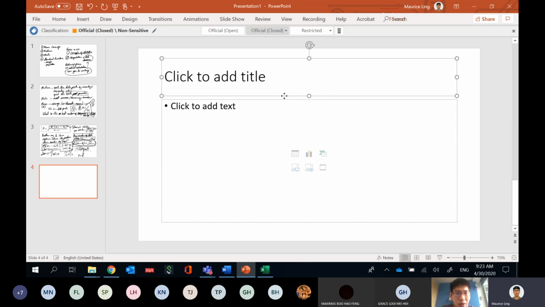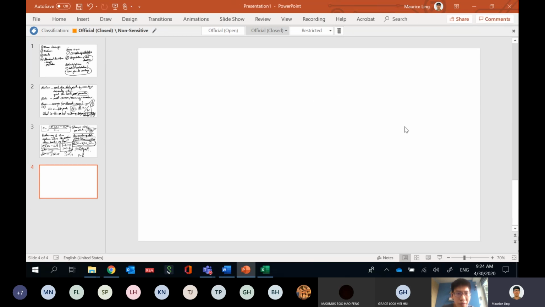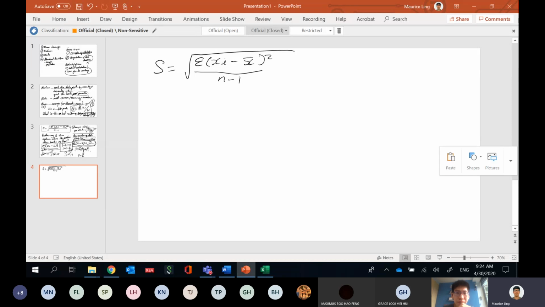You will probably not know the answer, but let me just work things out for you, and you'll see why. Let's say I rewrite the equation with n minus 1. And you said that at least I need 2 data points for this equation to work, correct?